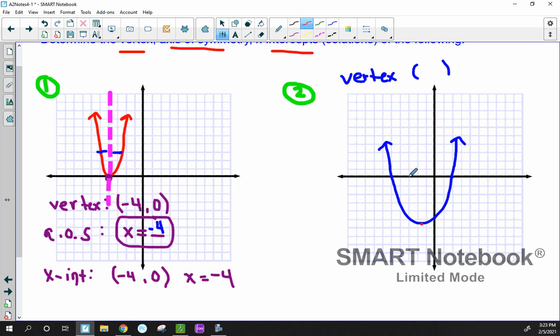Your job is to find that location, so we're going to count back one, looks like 1.5, down 1, 2, 3, 4, 5, and we'll say 5.5. So the vertex is (-1.5, -5.5).